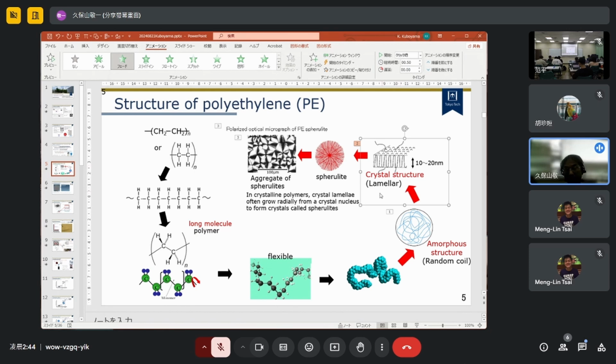This lamellar crystal also grows from the nuclei in the radial direction like this, and forms a spheroid, a sphere-shaped crystal consisting of lamellar crystals. This picture is a polarized optical micrograph of a polyethylene spheroid.